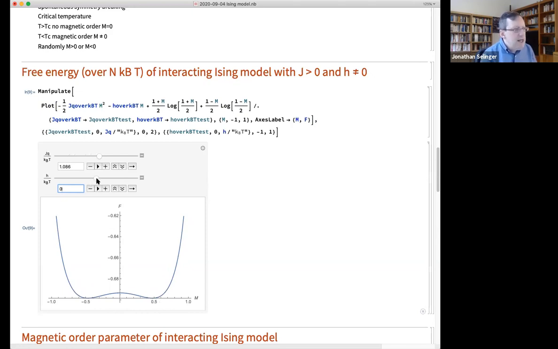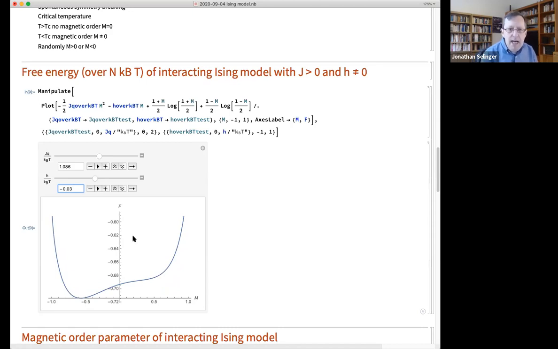Now, if I also have a magnetic field, you can see that shifts things from one side to the other side. So now you have these two possible minima, and as you vary the magnetic field, one is lower or the other one is lower.